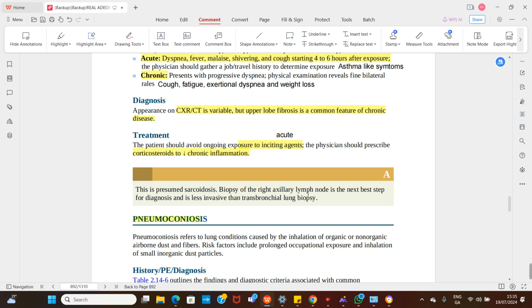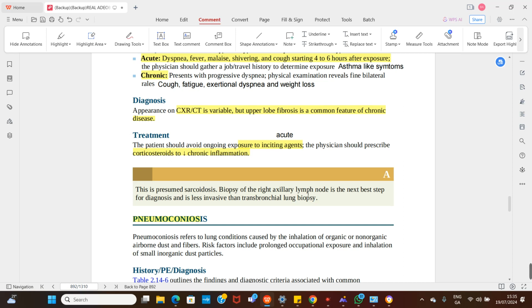I think that's the common one. If you examine them, you see the inspiratory crackles, easy fatigability. So, just signs and features of chronic pulmonary fibrosis. So, don't ever forget that.